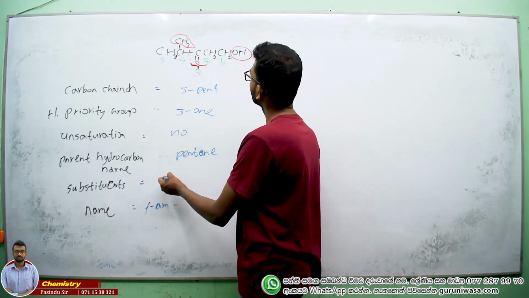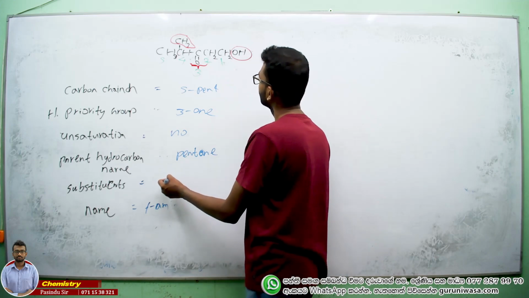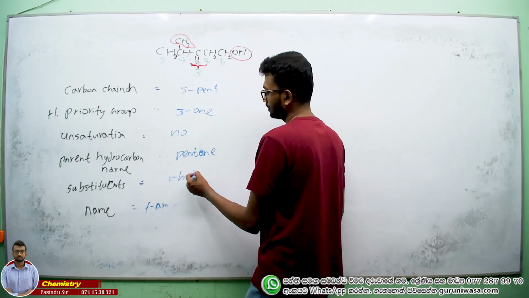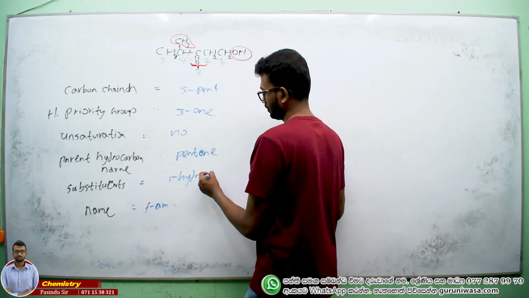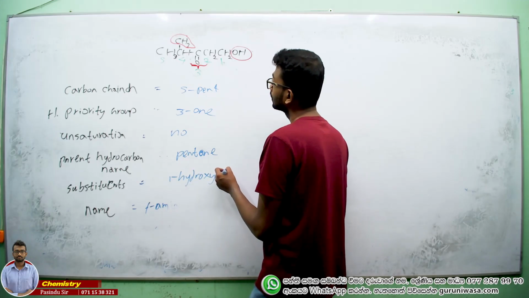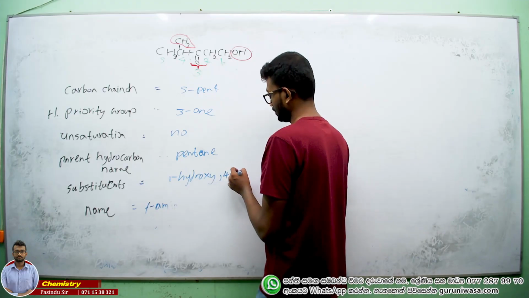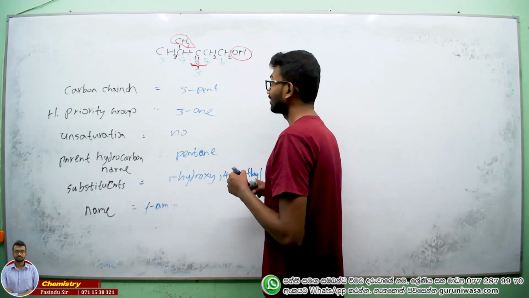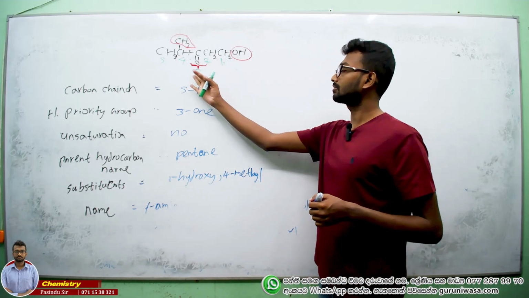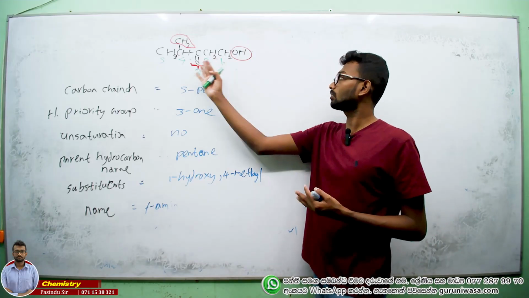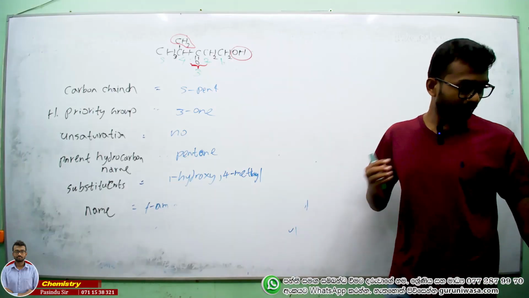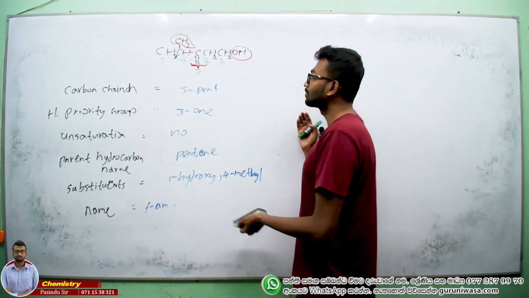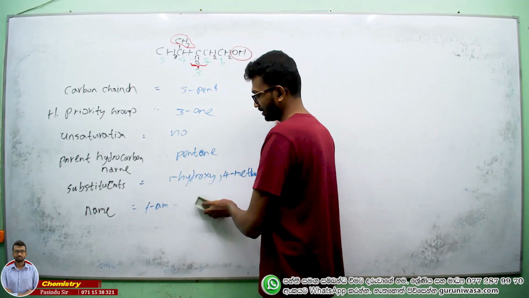Substituents: 1 hydroxy, 4 methyl. In this kind of situation you have to count it, right? Otherwise you may do something incorrect.